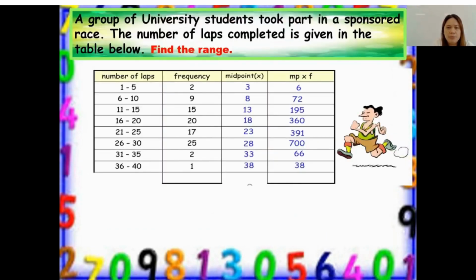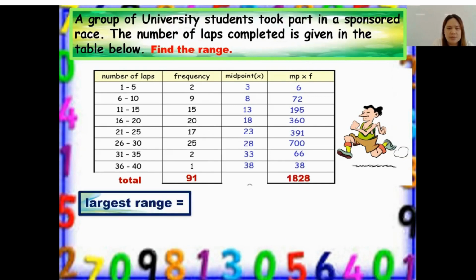So the same table we will be using, but this time we are going to find the largest possible range, the smallest possible range, and of course the estimated range that we will have. So for the largest possible range, the highest number that you see in the interval is 40. So that is 40.5 minus 0.5. The smallest value that we can have here is 0.5, because it's before 1.